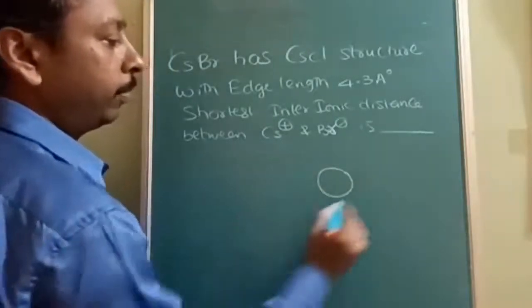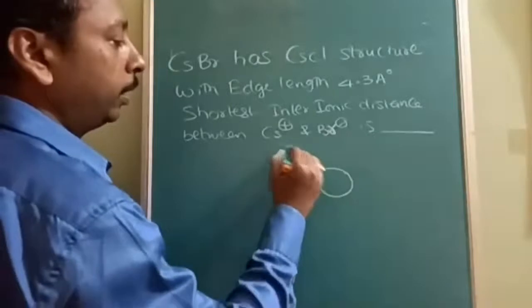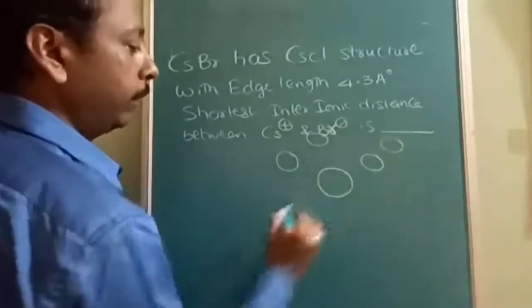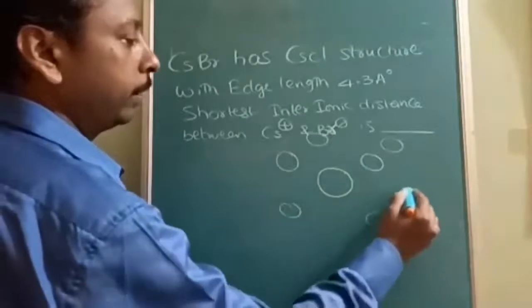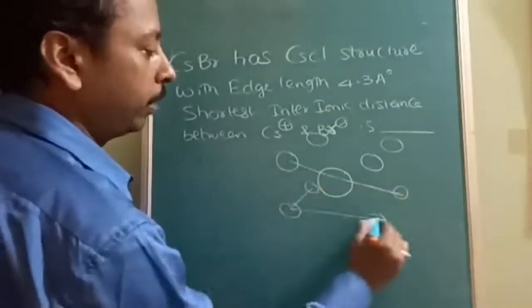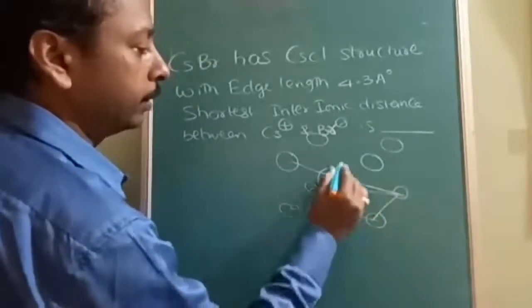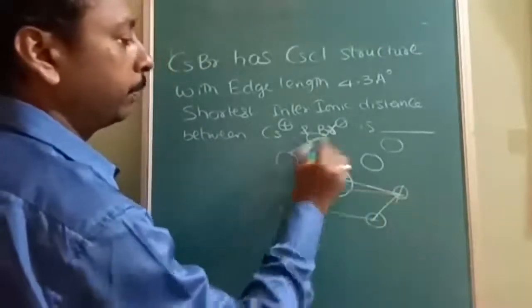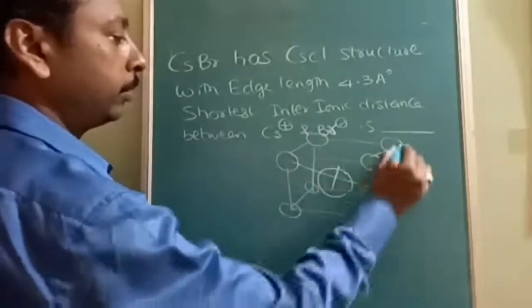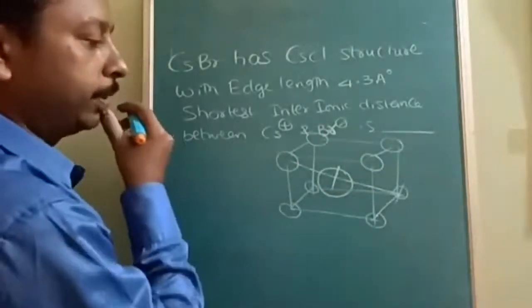Cesium will be at the body center and bromine will be at the corners. So you have to take the body diagonal as the reference. This is the shortest possible distance between them.